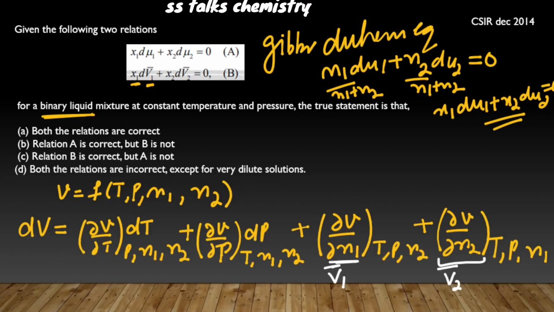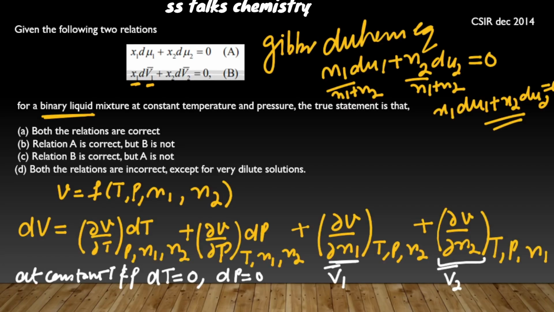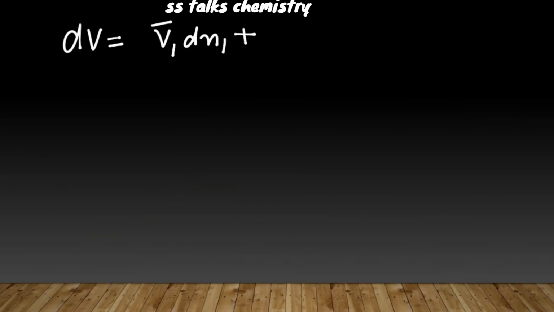Now we are talking in terms of constant temperature and pressure, which means dT is 0 and dP is 0. So using these conditions, we get that dV is equal to molar volume V1 bar into dN1, plus V2 bar into dN2.